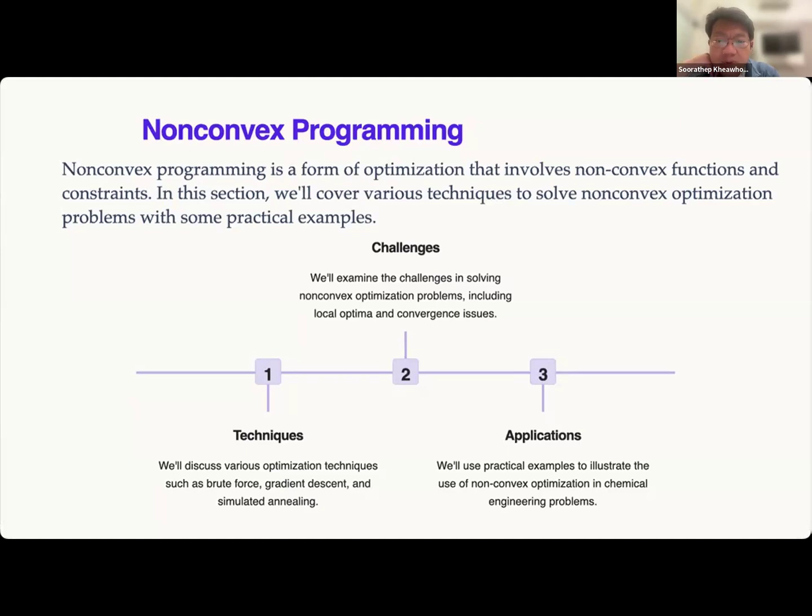This class of optimization problems is non-convex optimization, and it's quite challenging compared with convex programming. Convex programming is much easier. A very common convex programming includes linear programming, also quadratic programming. Both of them are convex programming.